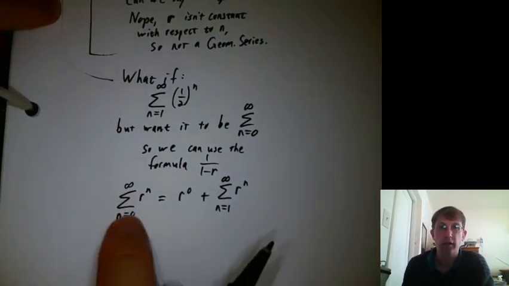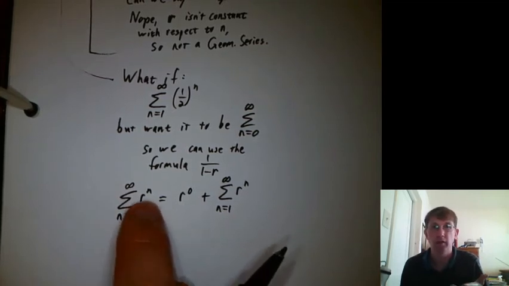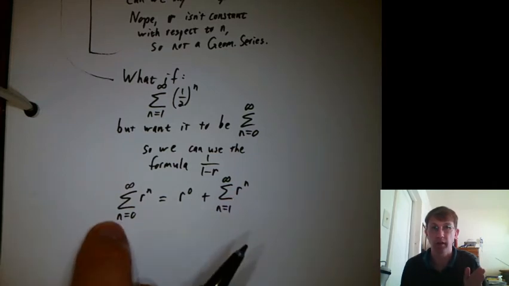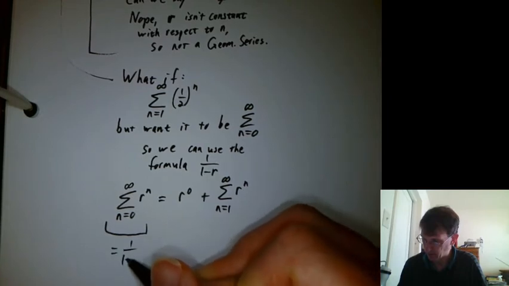Right? We can say this starts out with n equals 0, which would be r to the 0, and then n equals 1, which is r to the 1. And so we could kind of split that first term out. Then we can say this equals 1 over 1 minus r.